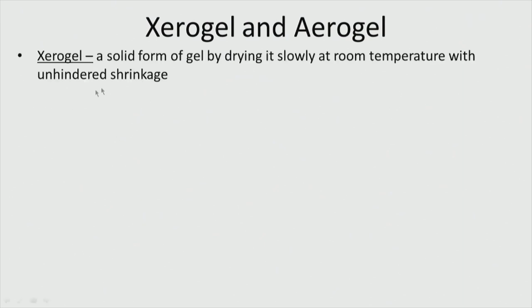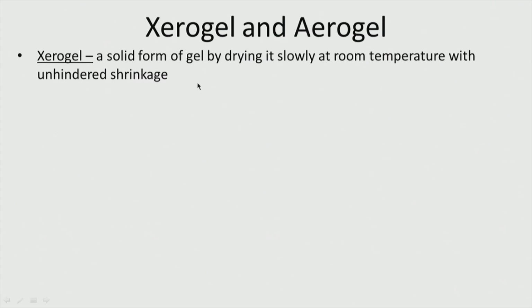Okay. There are something called xerogel and aerogel. Okay, two types of hydrogel. Xerogel is a solid form of gel made by drying it slowly at room temperature with unhindered shrinkage.